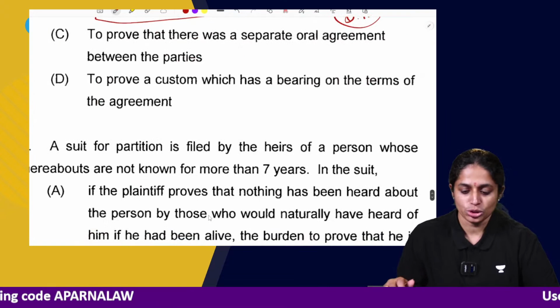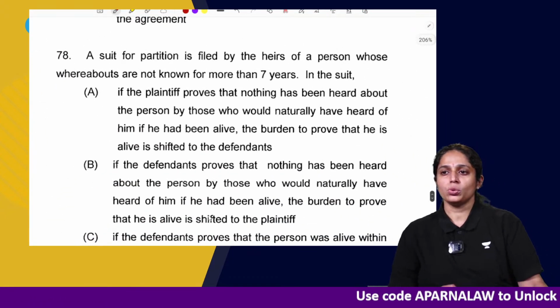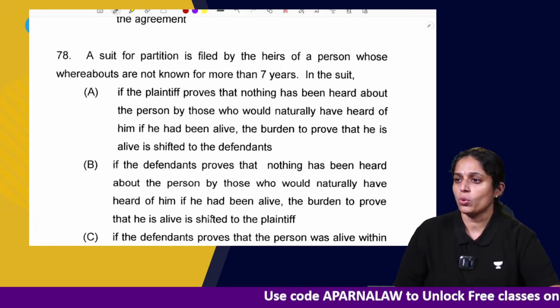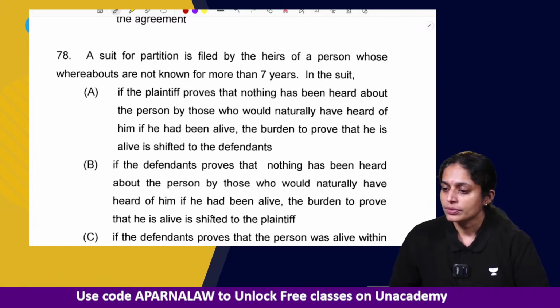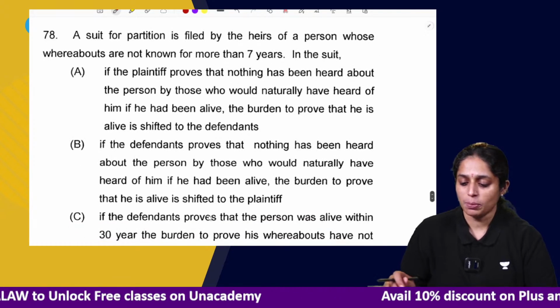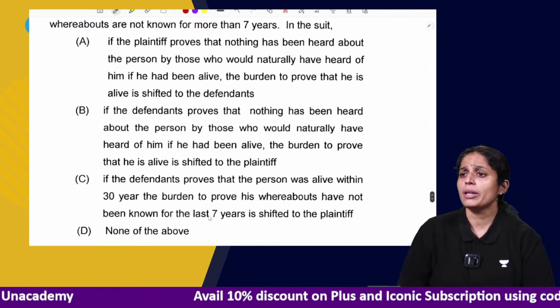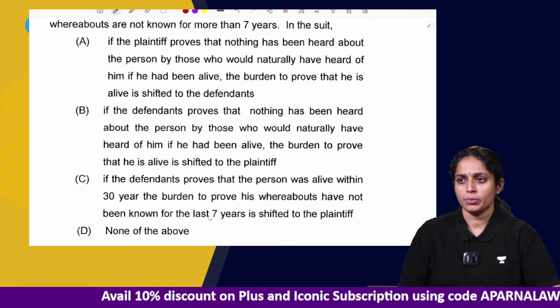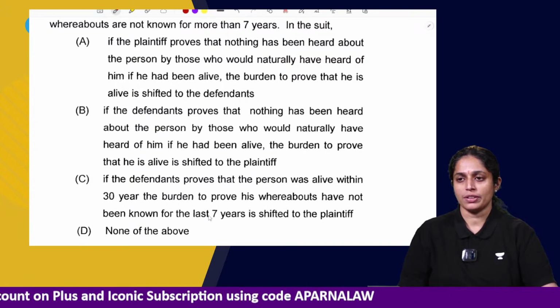Next, 78th question. A suit for partition is filed by the heirs of a person whose whereabouts are not known for more than 7 years. So in this suit, A, if the plaintiff proves that nothing has been heard about the person by those who would naturally have heard of him if he had been alive, the burden to prove that he is alive is shifted to the defendants.